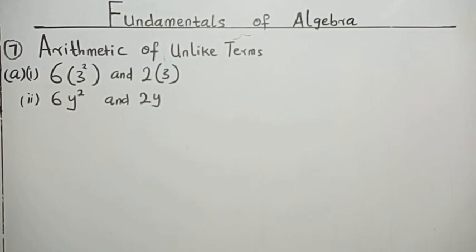To learn whether it is possible to get simple end results when we add, subtract, multiply, and divide unlike terms, let us carry out numerical experiments on these two selected bases of numbers. In the case of like terms, we discovered through experiments that when we multiply, we get a simpler answer.